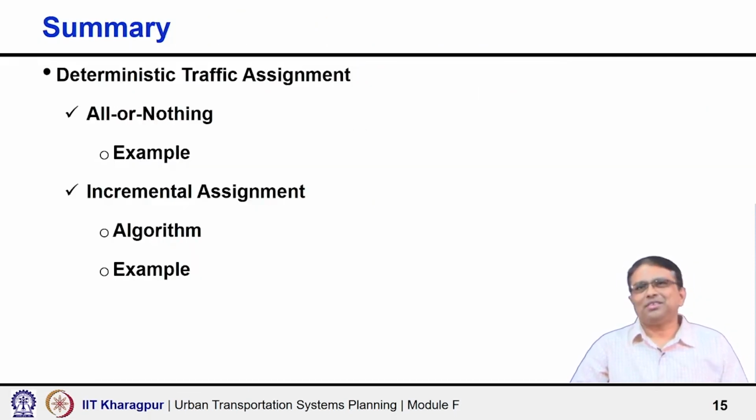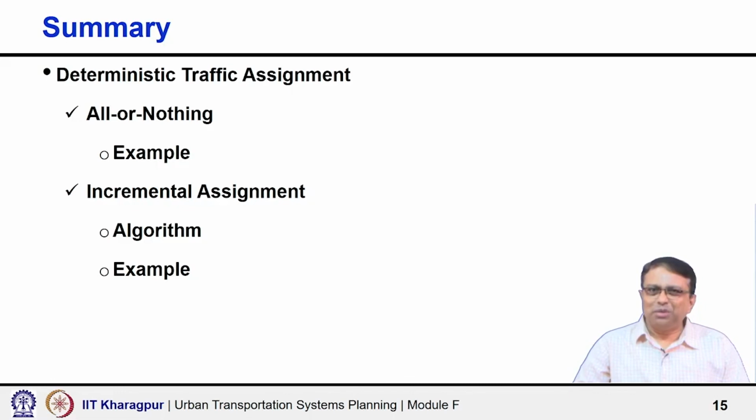So, if I have to summarize what we discussed altogether, we discussed the deterministic traffic assignment technique and told you what the meaning of deterministic traffic assignment is. Then we introduced the all or nothing assignment technique with an example, and told you where it may work and where it may not work. In a congested urban network, it is not going to give you a real solution.